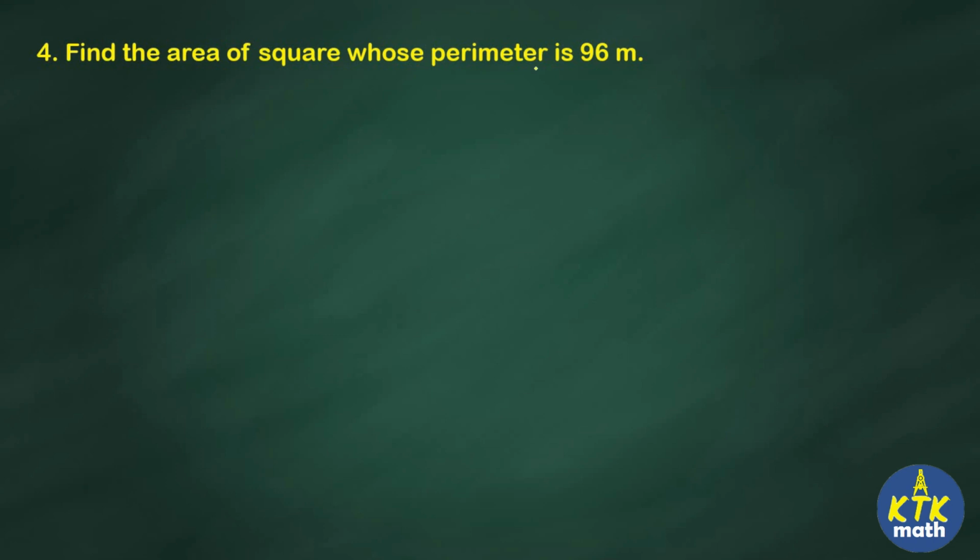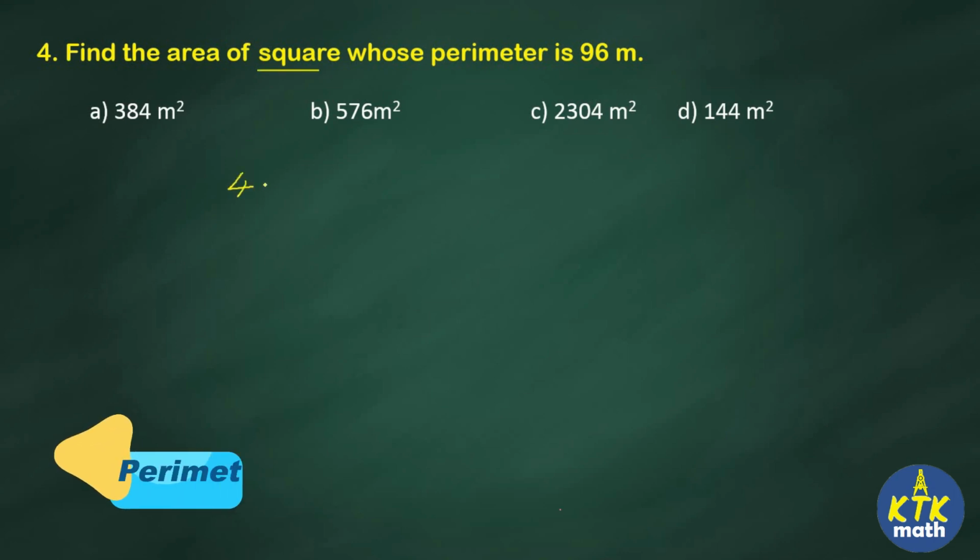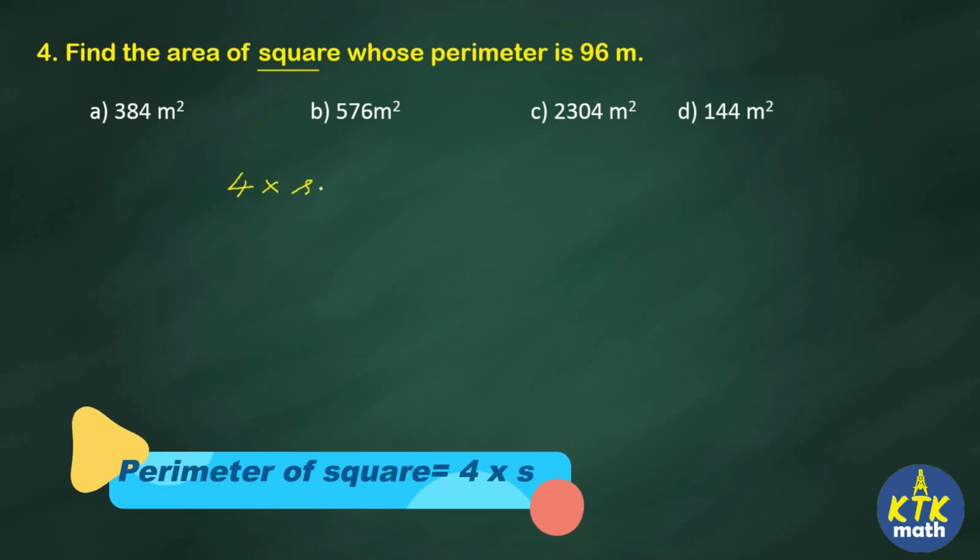Find area of square whose perimeter is 96 meter. It's a very interesting question. Your options are given like this. So here, what is perimeter of square? This time we are dealing with the shape square. Perimeter of square is 4 into side. So 4 into side is 96. How to find one side? 96 divided by 4.